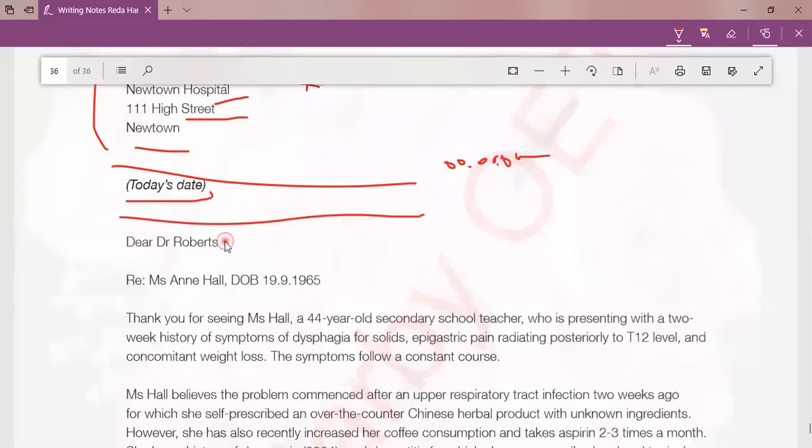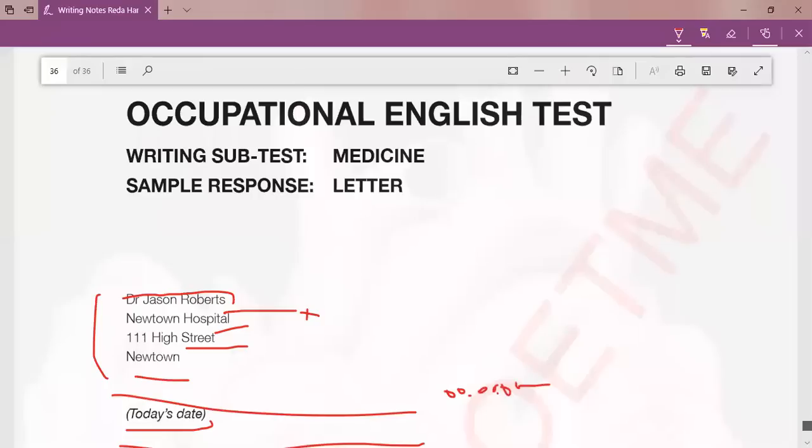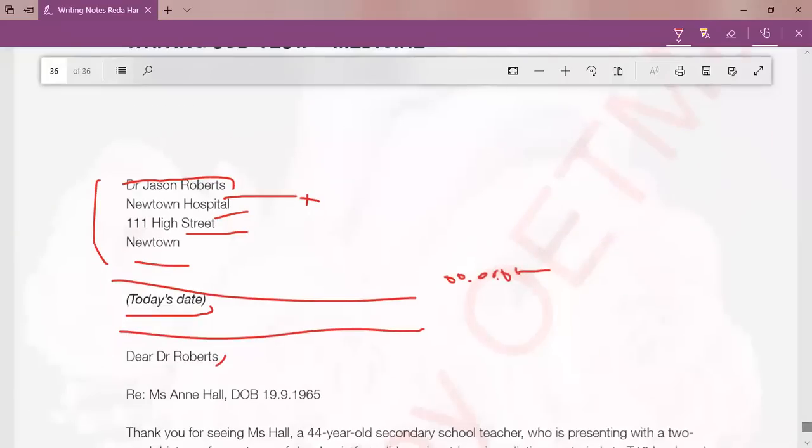Roberts, here a comma is missed. Dear Dr. Roberts, the second name of the doctor. Don't write the first name, write his second name. So you will choose this name, so Dear Dr. Roberts, and regarding, colon, sorry, this is a colon.